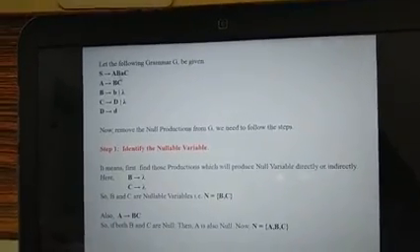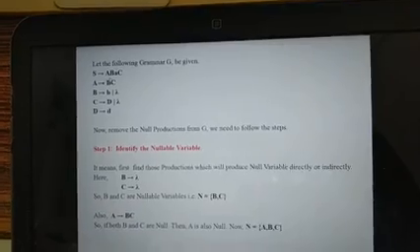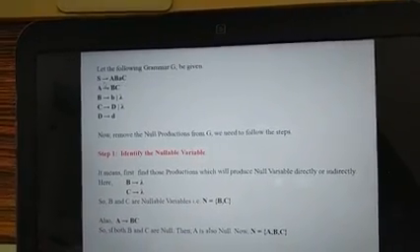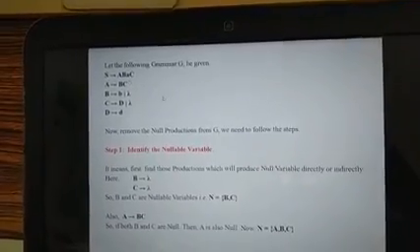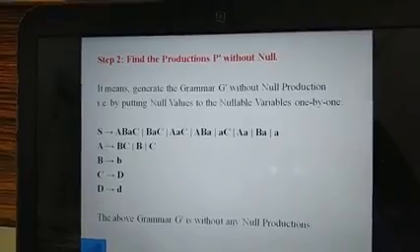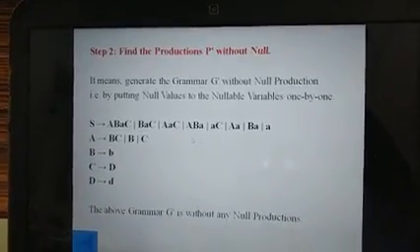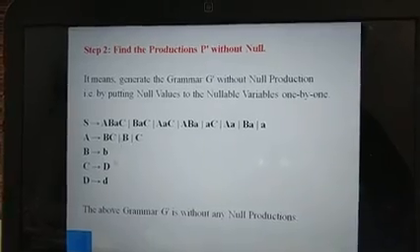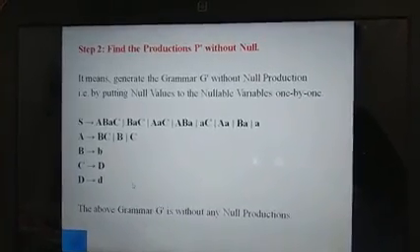If we put B and C as null, then we get AA. If we put all of A, B and C as null, then we get S produces A. In this manner, we remove the null productions, and in the final grammar G dash we will get this after removing the nullable variables.